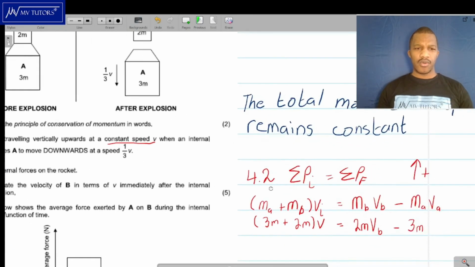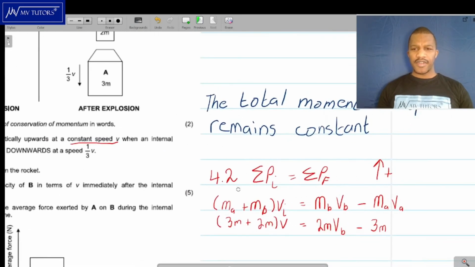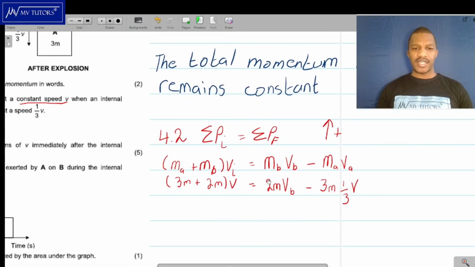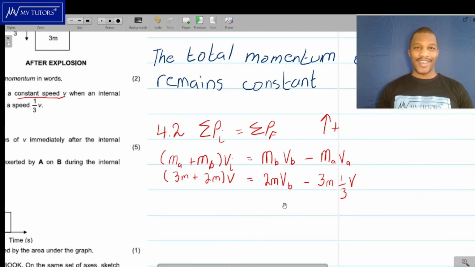Okay, so we know that the velocity of A is 1/3 of v, so we're just gonna put 1/3 v.